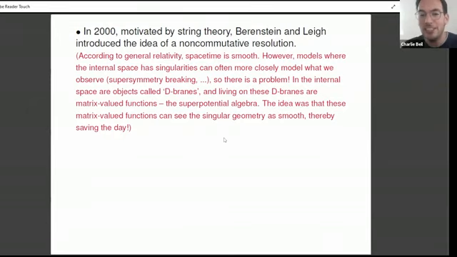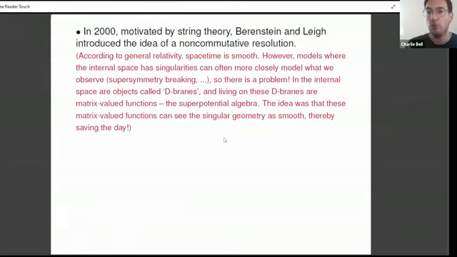So according to general relativity, space-time is smooth. However, so this is just a side note, you can just ignore this part if you want. It's in smaller font because it's the physics background from where this came from. So according to general relativity, space-time is smooth.